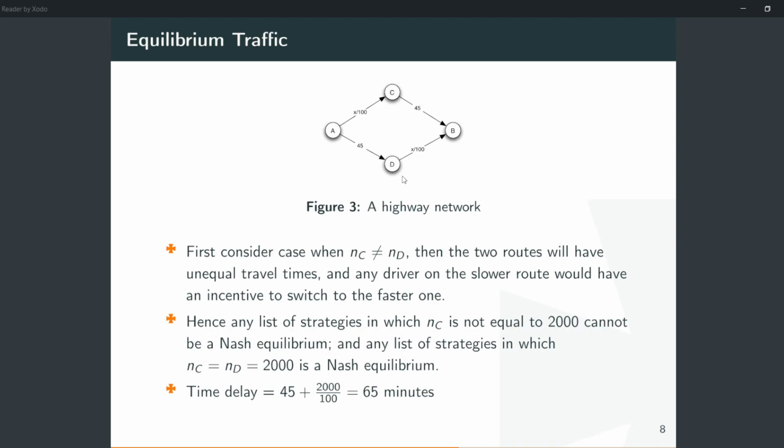So the players can become better off, and hence it's not a Nash equilibrium. If NC is equal to 2000 and ND is 2000, then it is a Nash equilibrium.